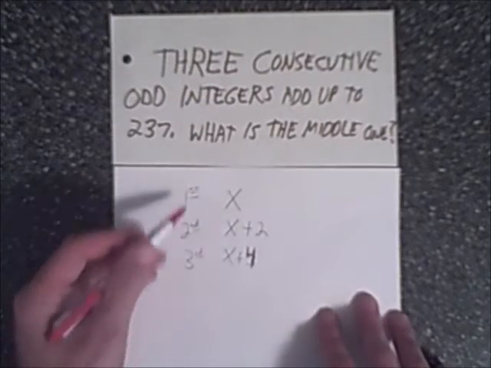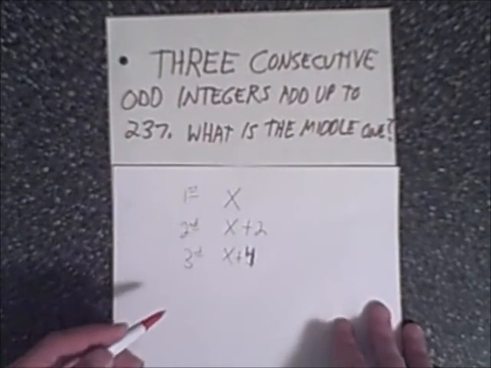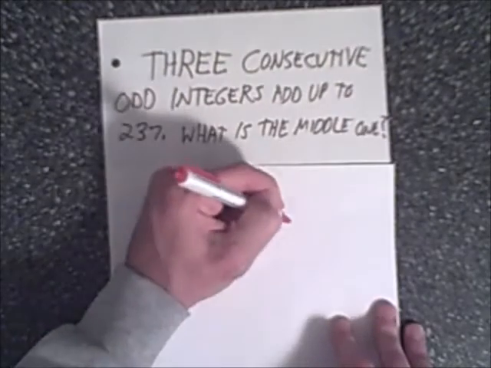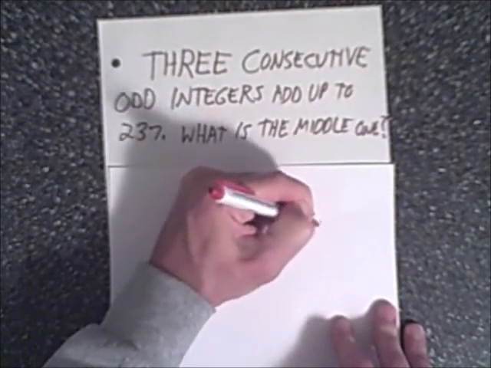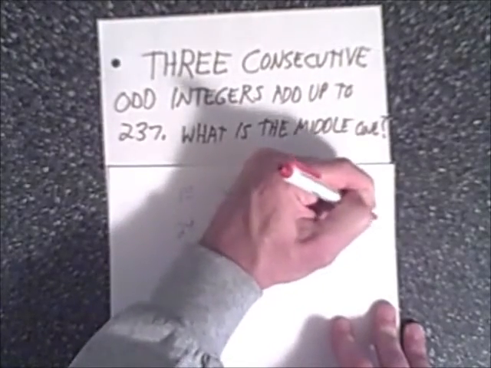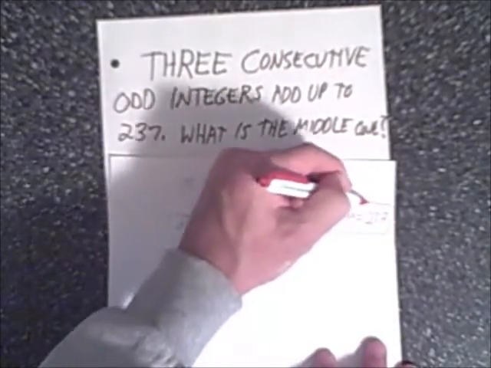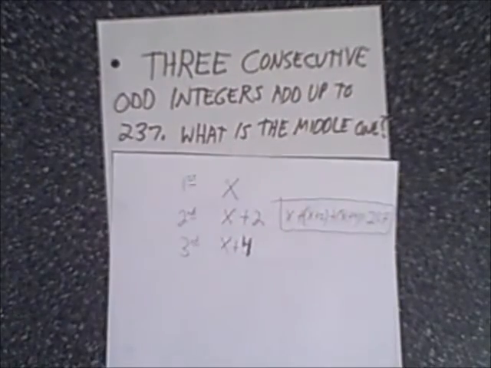Okay, and these three integers, consecutive odd integers, are going to add up to 237. So our equation is going to be x plus x plus 2 plus x plus 4 equals 237. Okay, so this is our equation. And nice, because we only have one variable we have to work with.